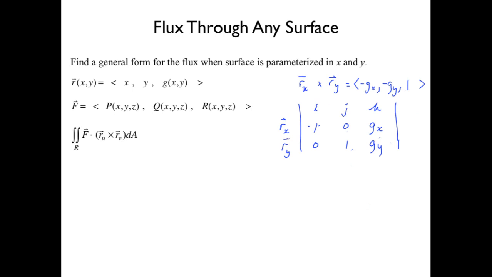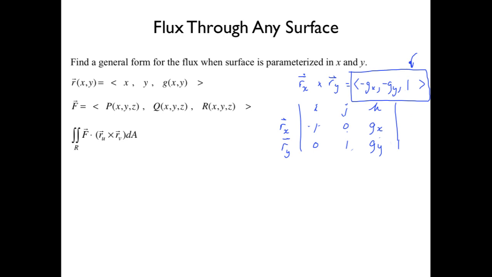Looking at this, how is the surface oriented if this is our Rx cross Ry, where z is a function of x and y? What's the orientation according to that cross product? How do you know that it's upward? Because the z component is positive. See that? This is basically our n vector.